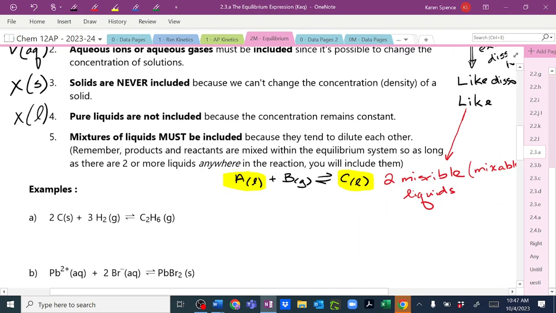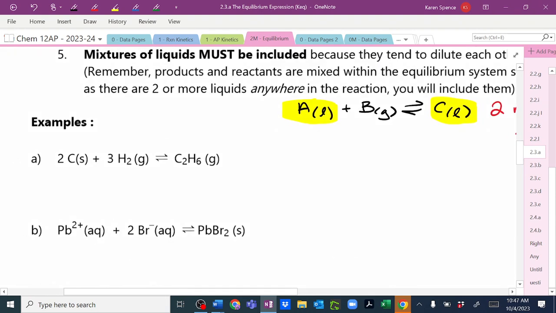But let's take a look at these examples and let us write the, first of all, let's go through and highlight all the species that we should include. Can you go do that? Highlight all the species that you should include and then write the KEQ expression.